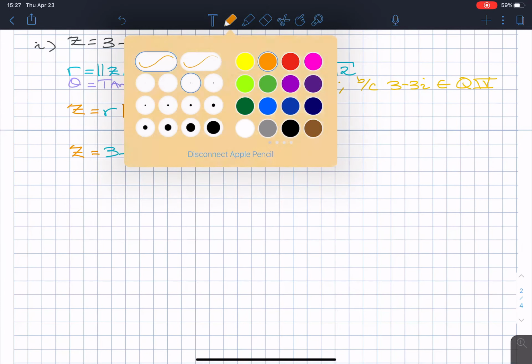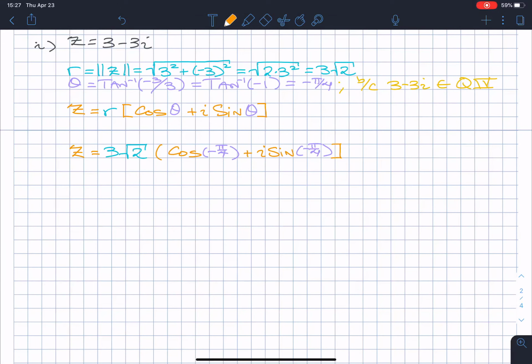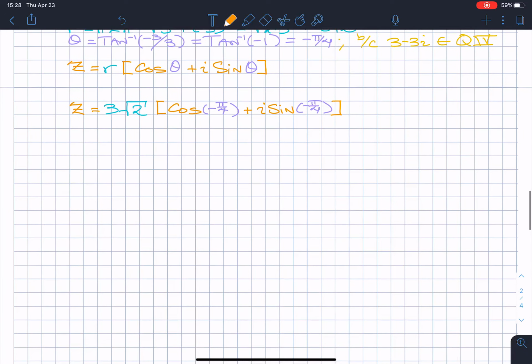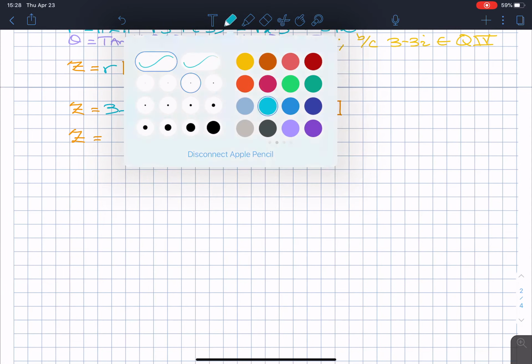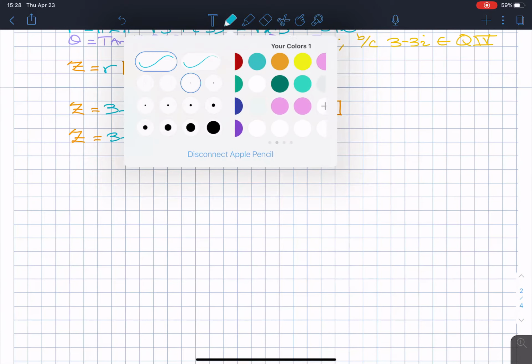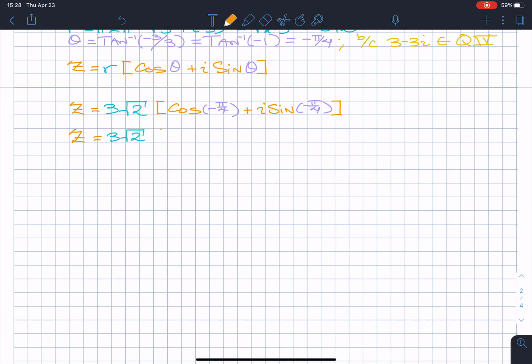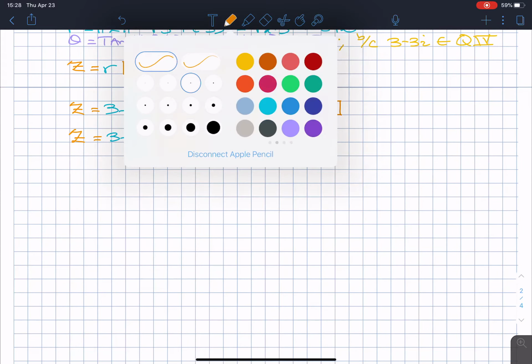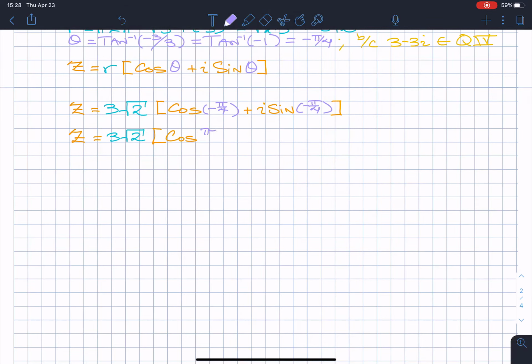Okay, so remember that sine and cosine are odd and even functions respectively. So I can rewrite this as z equals 3 times the square root of 2, the modulus, times, well, cosine of a negative angle is the same as cosine of the positive angle, because cosine is an even function.